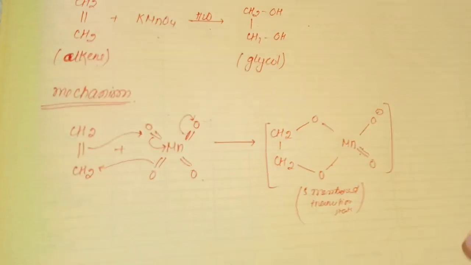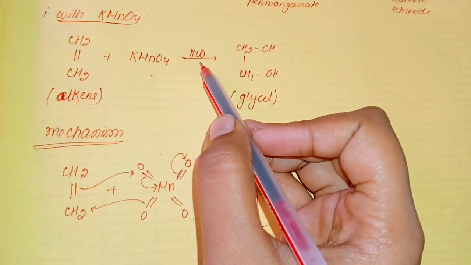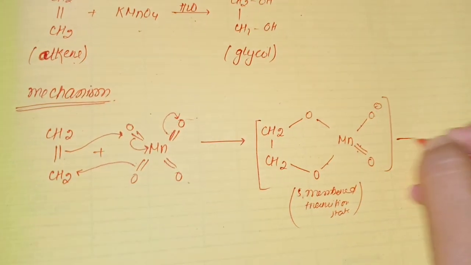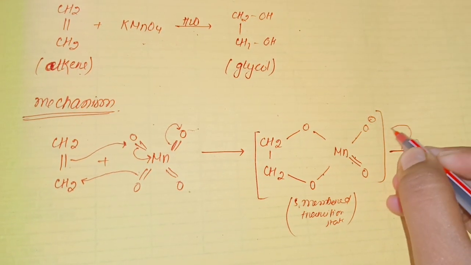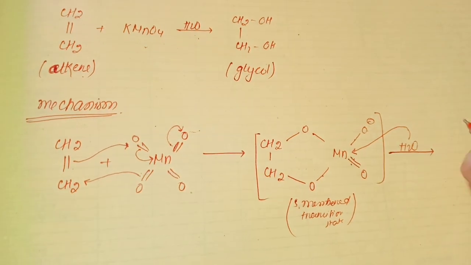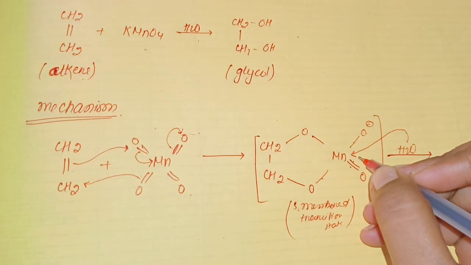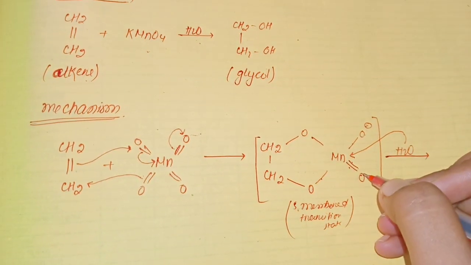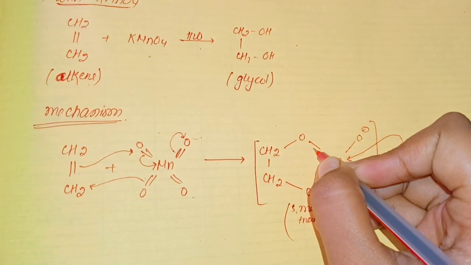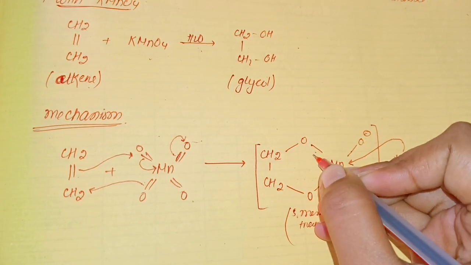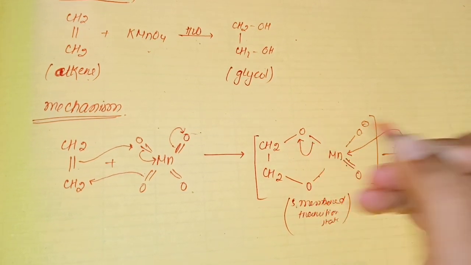After this, you can see water is added, which is the hydrolysis. So here what happened? The H2O, the water, reacts with the manganese. As it reacts with manganese, it becomes 6-member. To make it 5-member again, the bond between the oxygen and the manganese breaks down and comes to the oxygen itself.